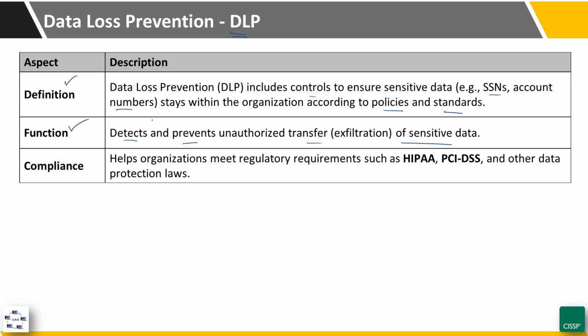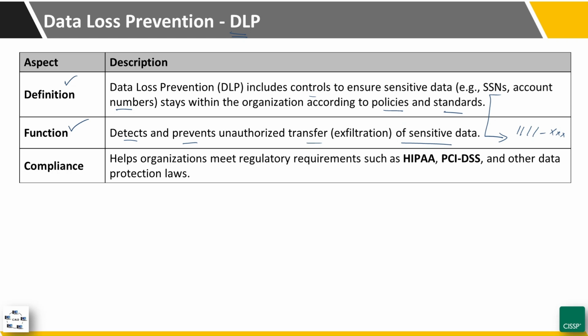So when DLP is deployed, first of all it is configured and data is fed inside the DLP. For example, the social security number has a specific, let's suppose, format. It is given that format, so that whenever data of this format leaves the organization, it should be prevented.